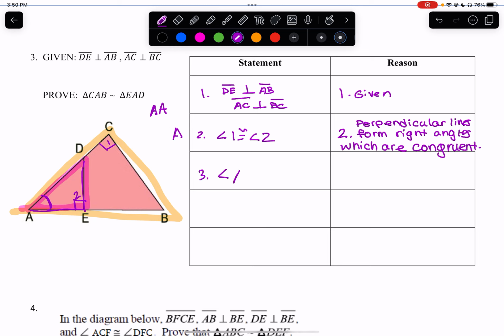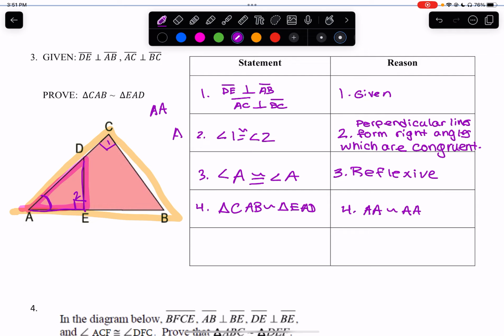My second pair of angles is just that angle A is congruent to angle A, reflexive. And now I can state that the triangles are similar. Reason: angle, angle similarity.